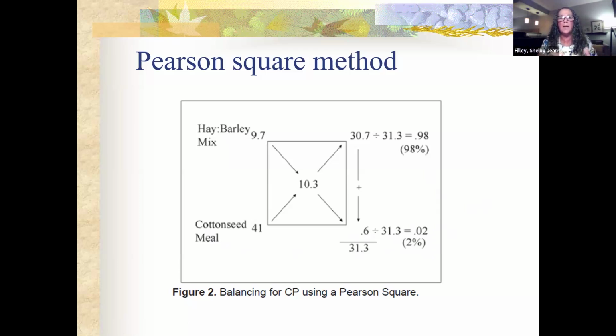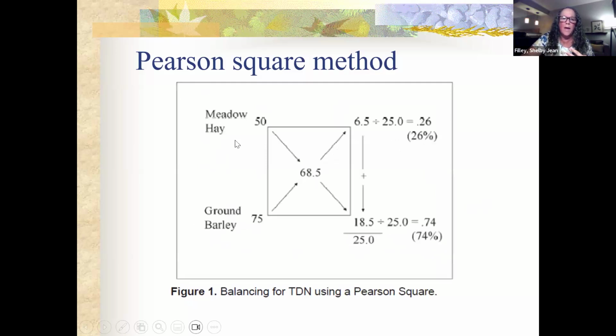So Pearson square again takes the proportion of 2 ingredients to mix to get to that point. Since you can only do 2 at a time, we have this hay barley mixture versus cottonseed meal, whereas before we had the hay and the barley separate.